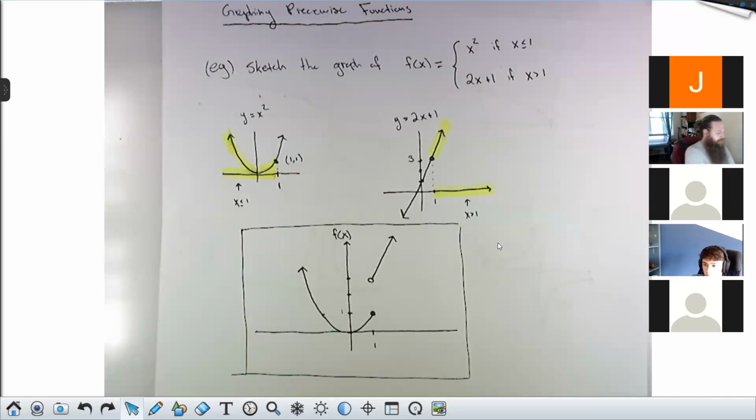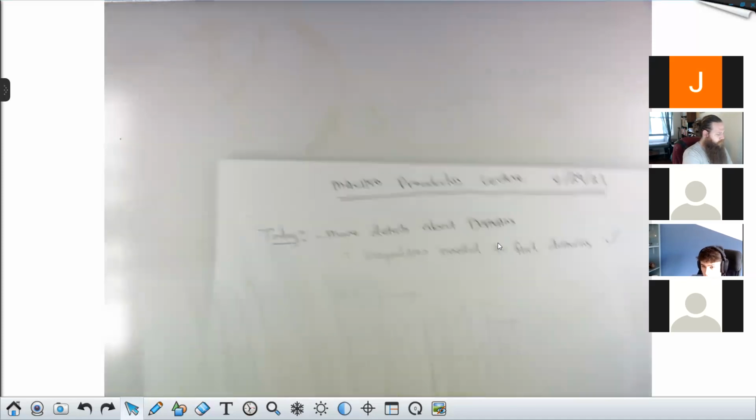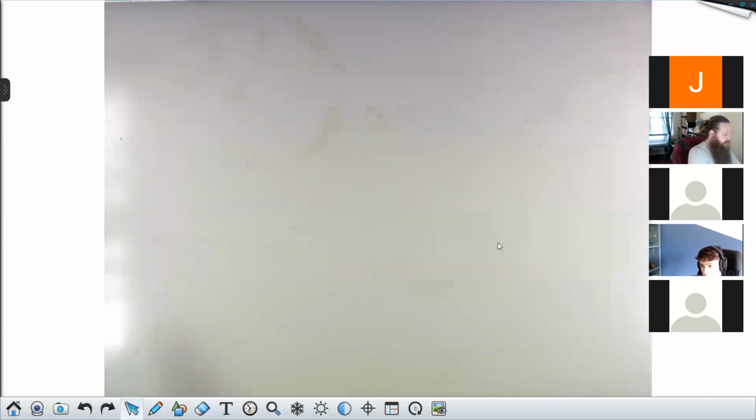Okay. One more important example of a piecewise function. The absolute value function is a piecewise function.